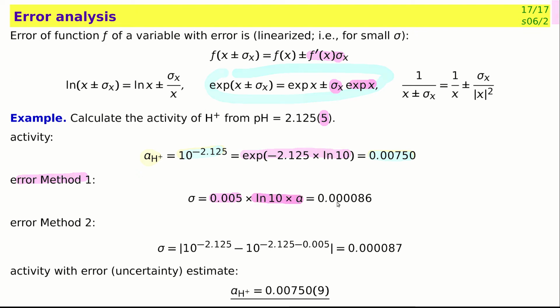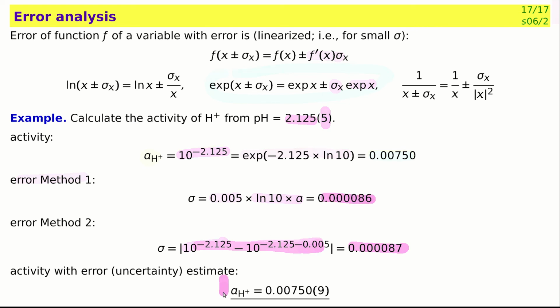So this is the result. Or another option is, it's a method of brute force. I calculate the activity as if I added or subtracted this sigma to this value. Okay, and I subtract the result. It's easy to do on a calculator, and the result is essentially the same.